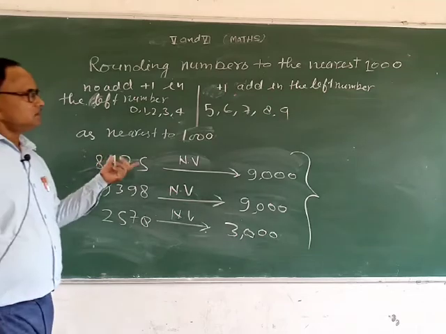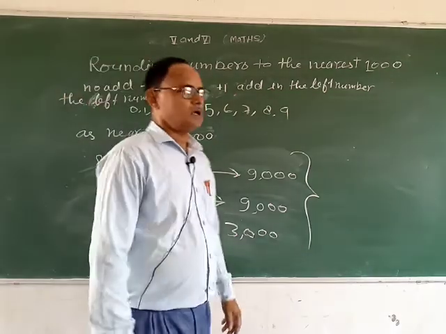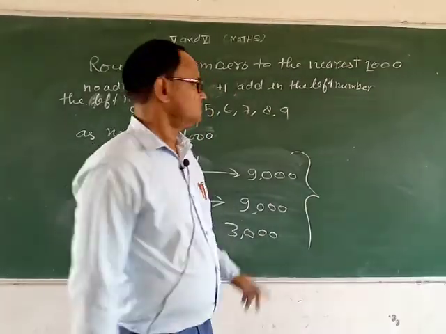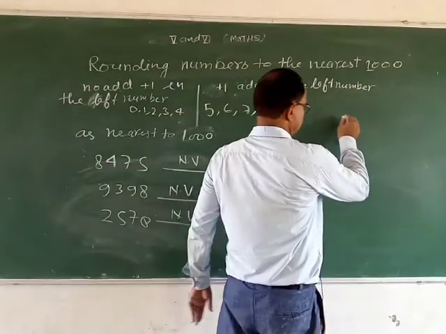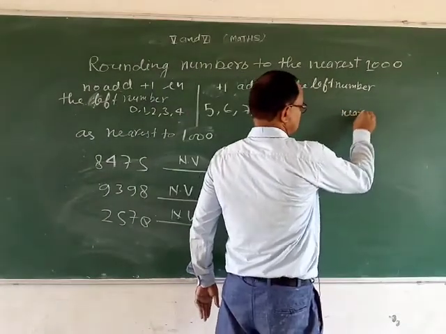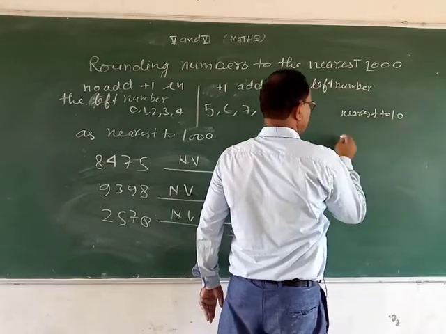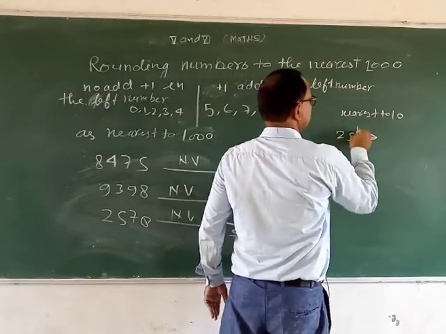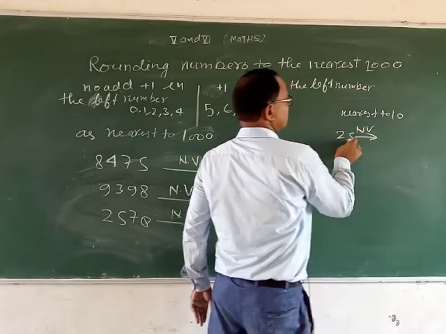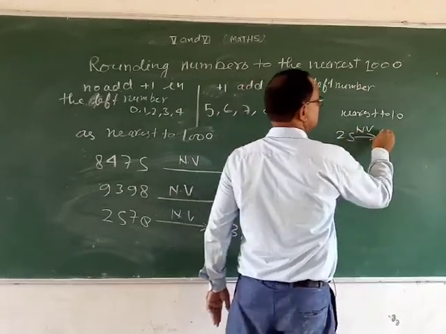Okay, student, these types of questions you can solve on the basis of this rule. And nearest to tens, nearest to 10. Here 25 nearest value is 5 terminate and give it plus 1.